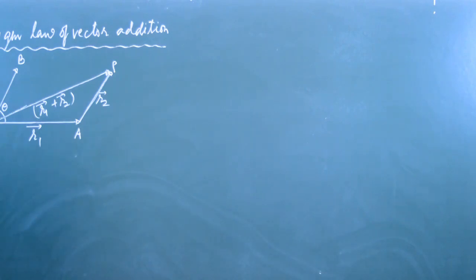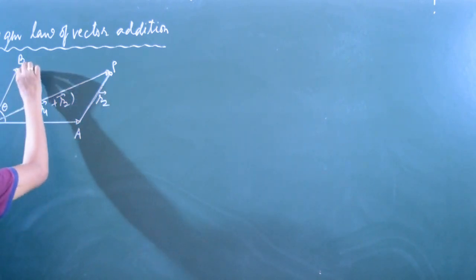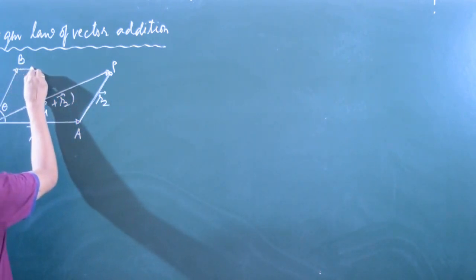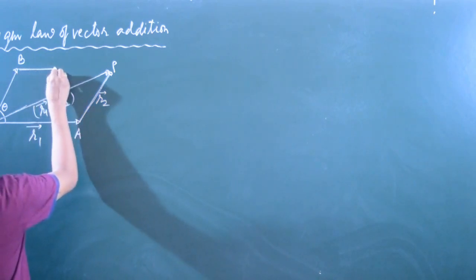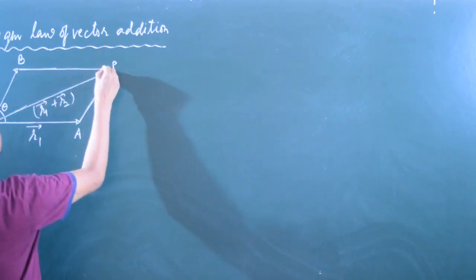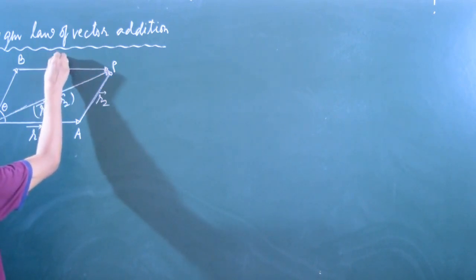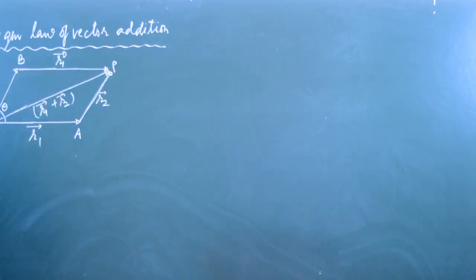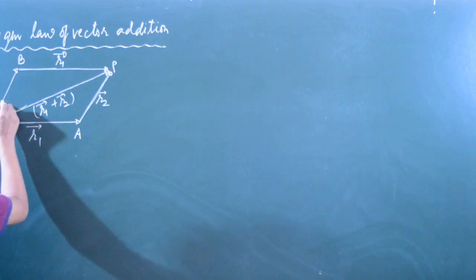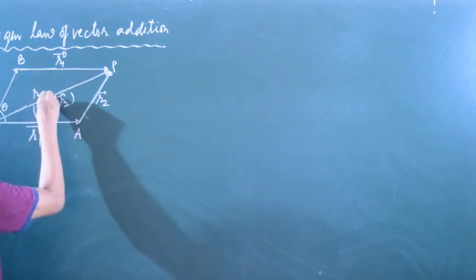Similarly, the head of R2 may be connected with the tail of what? R1. The head of R2, this R1 is shifted here. The identity remains the same. Now this vector we have is R1. Now this resultant is vector R2 plus R1.